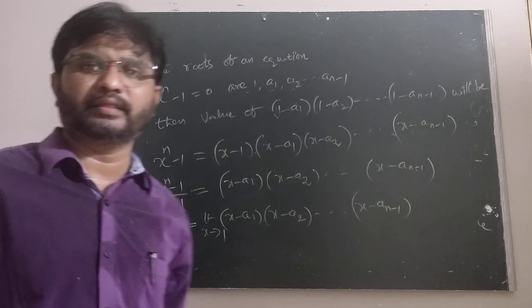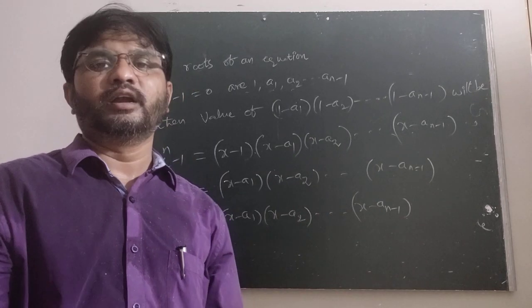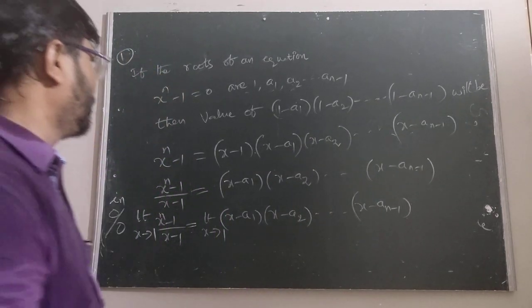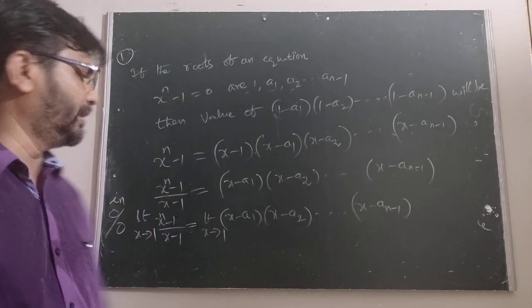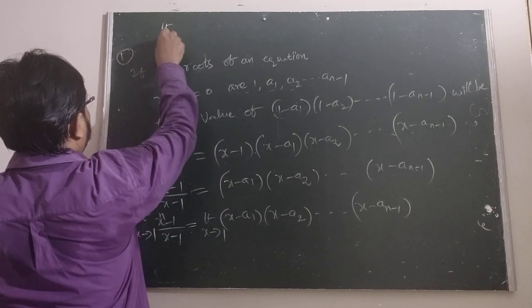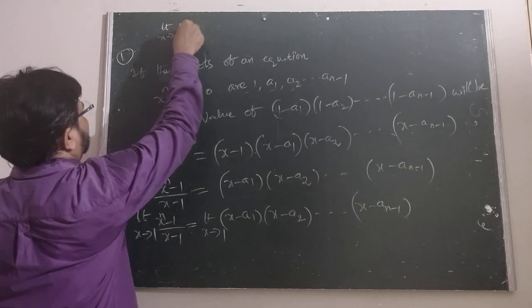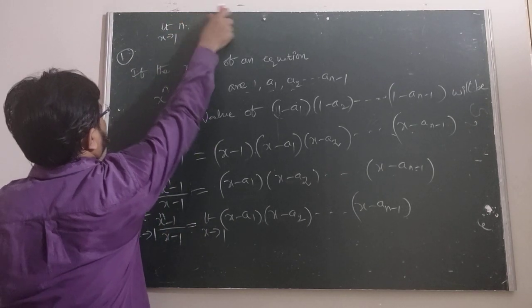Now we can apply the L'Hospital rule. We know that the L'Hospital rule is the derivative of the numerator by the derivative of the denominator. That means the limit x tends to 1. The derivative of x power n is n into x power n minus 1.